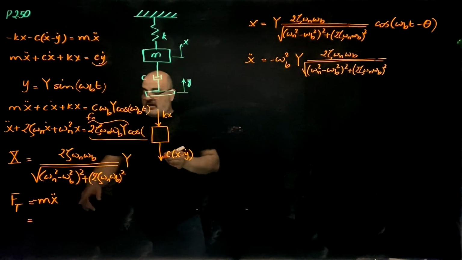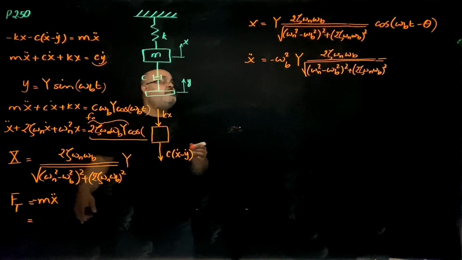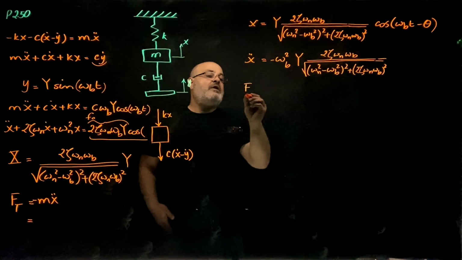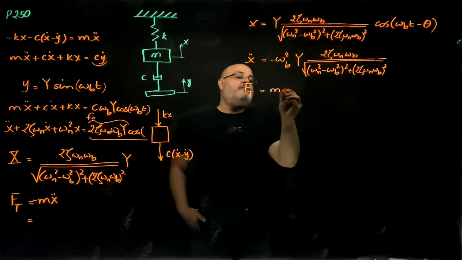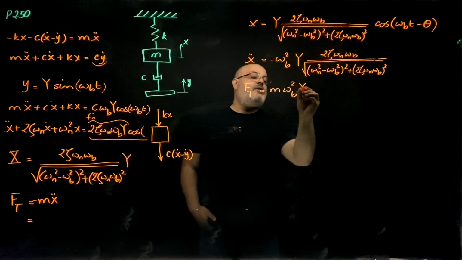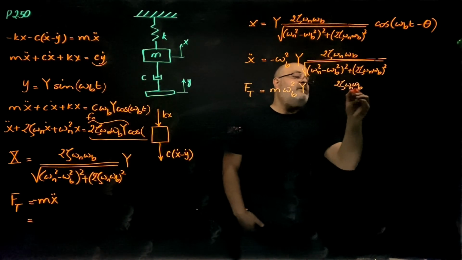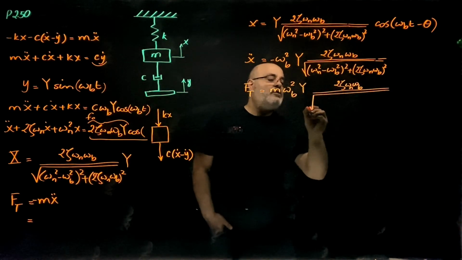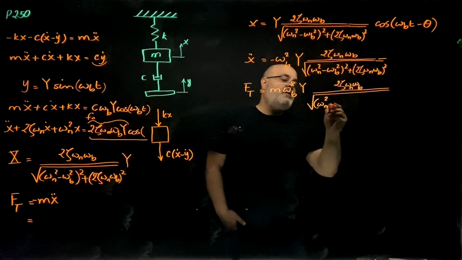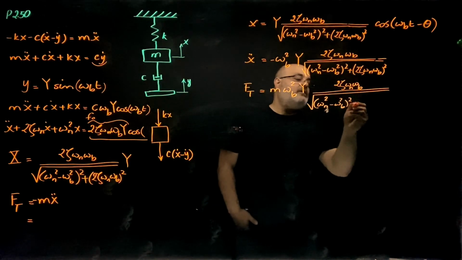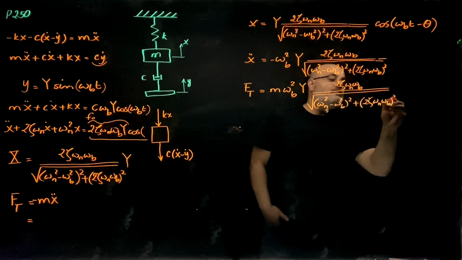Now, multiplying this x double dot by negative m will give me the transmitted force F T, which is m omega b squared Y, 2 zeta omega n omega b over the square root of (omega n squared minus omega b squared) all squared plus (2 zeta omega n omega b) all squared.